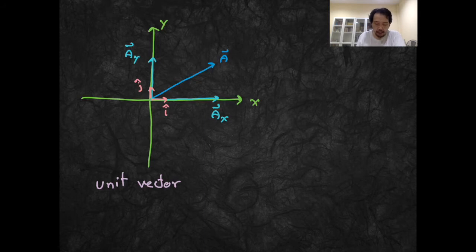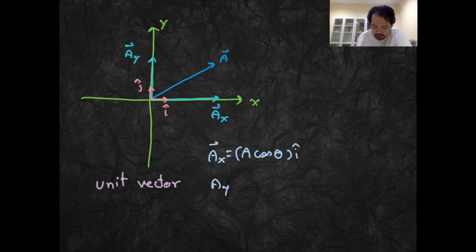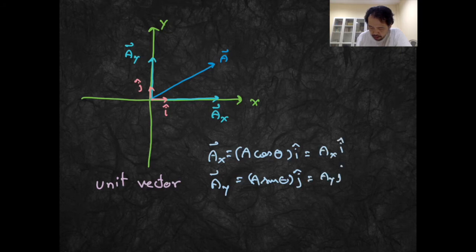From this definition we can write Ax as A cos theta i and Ay as A sin theta j, which I will write as Ax i and Ay j.